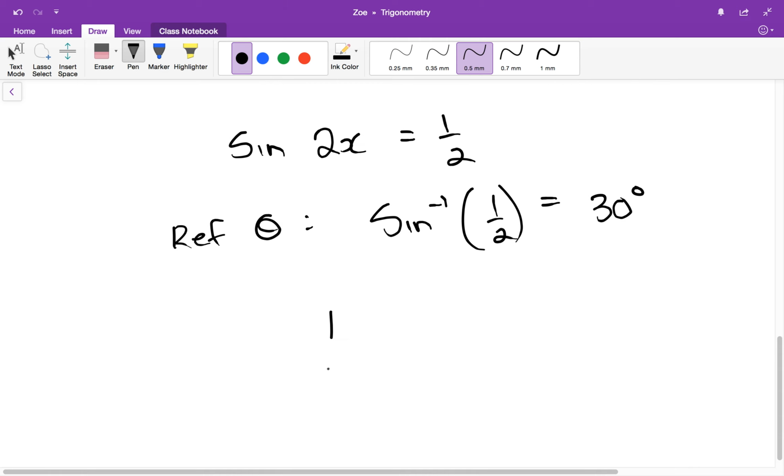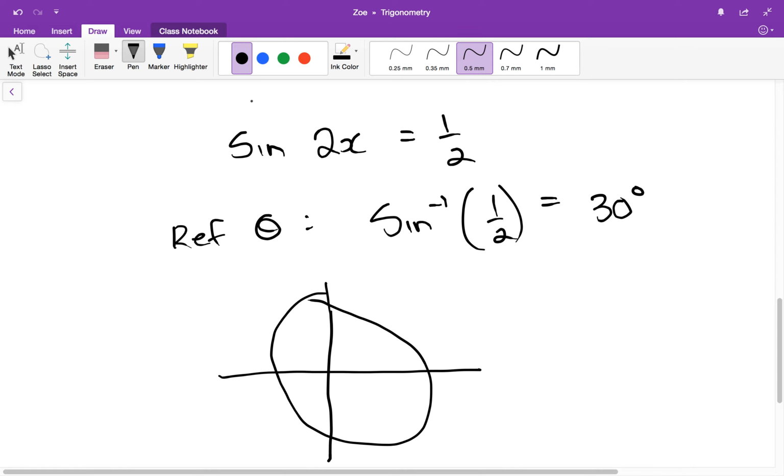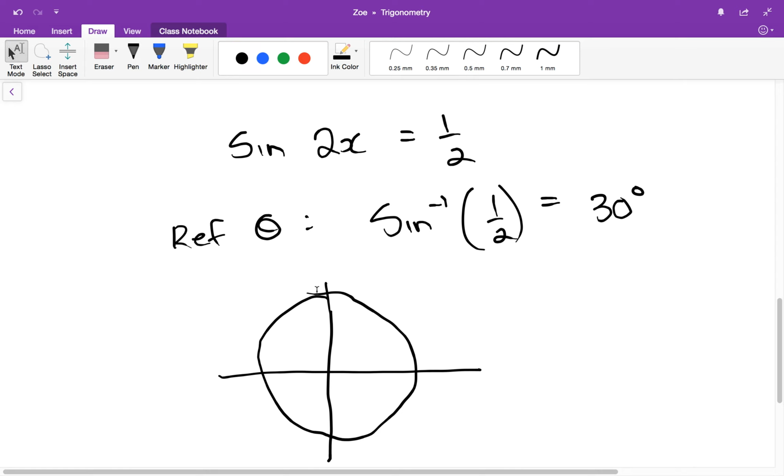So you take your CAST circle. Oh, geez, that's horrific. Let's try that again. Okay, it's a little better. And we have our C, our A, our S, and our T. So we have to put this 30 degrees into the two quadrants where sine is positive, because this was a plus a half to start with, it didn't have a minus.